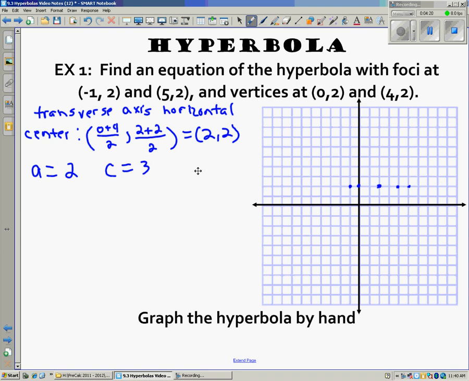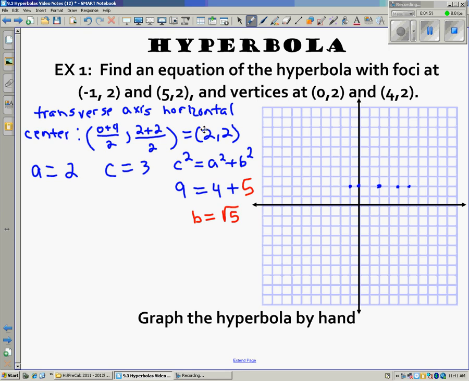In order to be able to write the equation, I need to find B. I'm going to use the equation C squared equals A squared plus B squared to find that. C squared is equal to 9. A squared is equal to 4, which means that B squared has to be 5, and that makes B the square root of 5. Now I have all the information that I need.